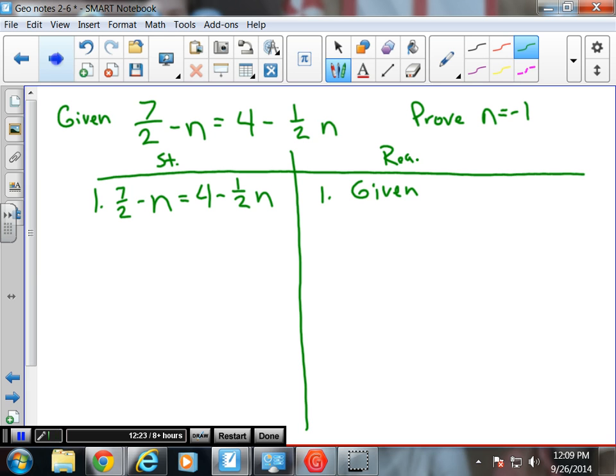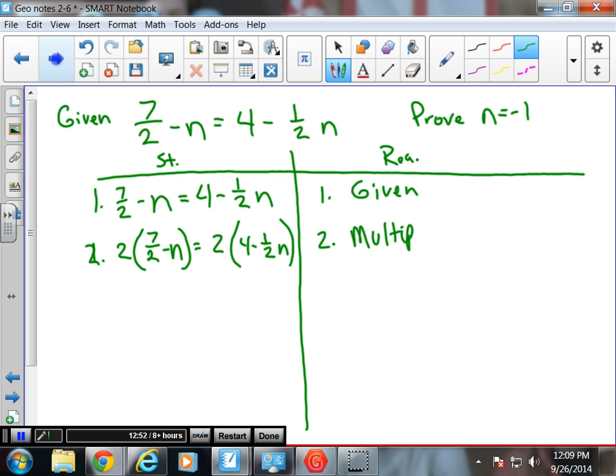So what do we have to do? How do I get rid of one side or the other? Because I have a 7/2 and a 1/2, I want to multiply this whole thing times 2. What tells me that I can do that is the multiplication property.